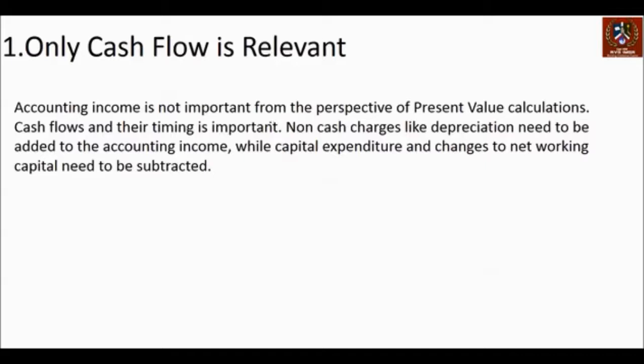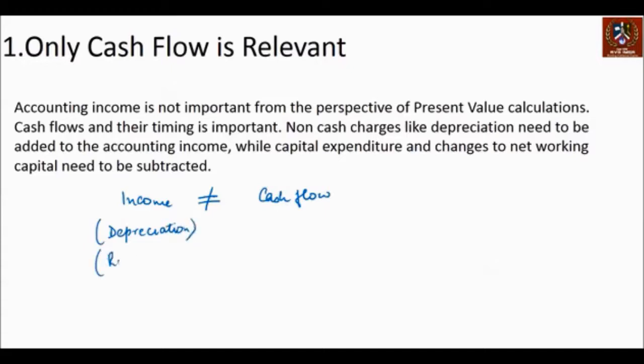Accounting income, remember, is not important from the perspective of present value calculations. We've already seen how income may not be equal to the cash flow. Income has attributes like depreciation, which are essentially non-cash charges.